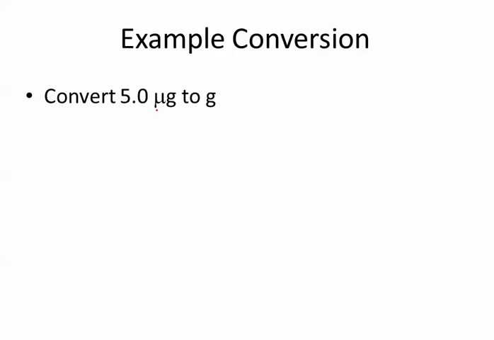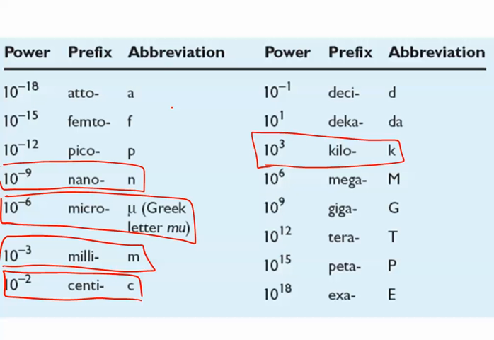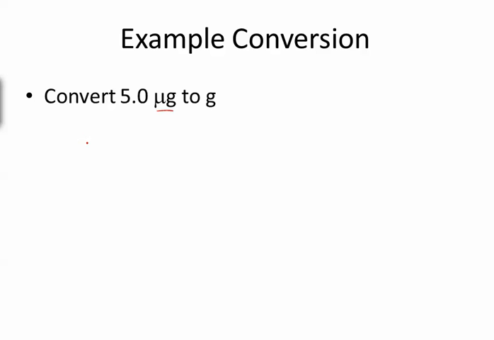So, as we saw on the previous screen, micro is 10 to the power of negative 6. So, that means then that 1 microgram is equal to 10 to the power of negative 6 grams. So, if I want to change 5 micrograms, I will need to move my decimal 6 places.